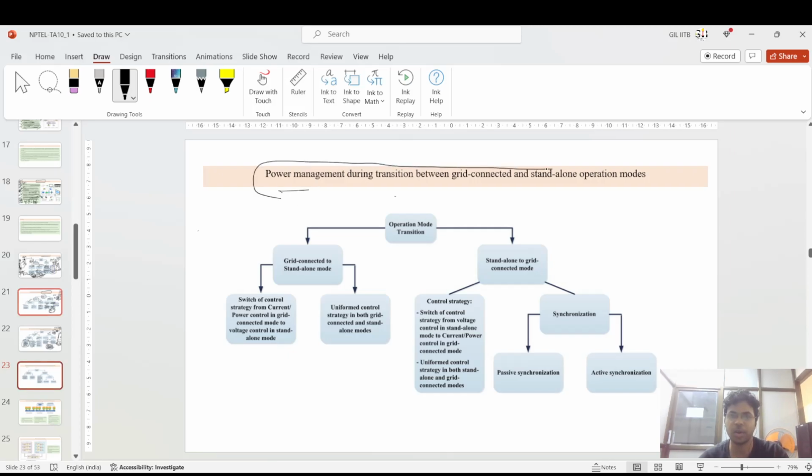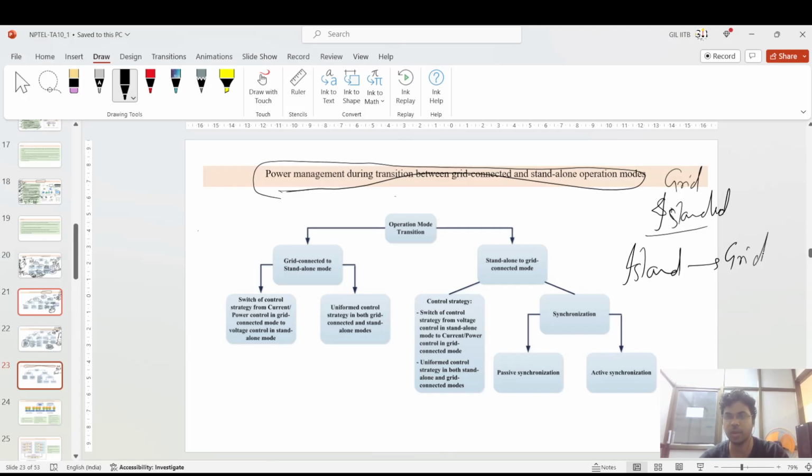Coming to the last part, that is power management during transition. Okay, you have two parts which I have told: grid connected system, and standalone or isolated or islanded condition. Second is when the situation happens that it is moving from islanding to the grid connected system.